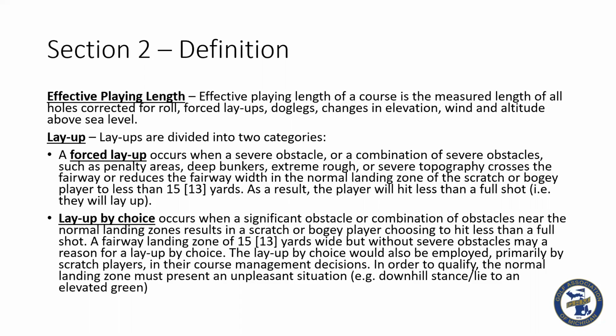But basically, this is when you have a significant obstacle that's near, but the fairway landing zone is not within that small range. So you might have a fairway width of 20, but then on one side you have water going down the entire side. So that might be a situation possibly to lay up.